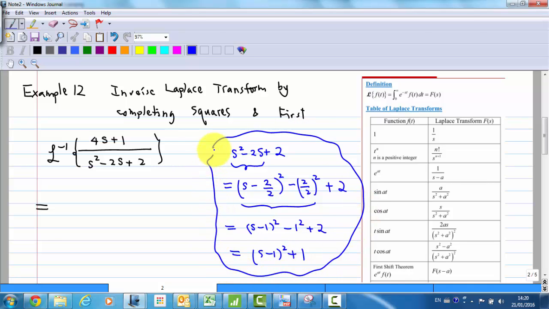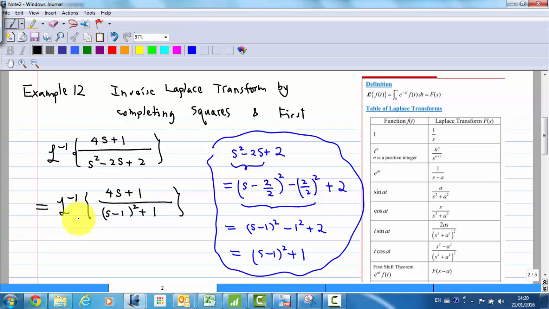That is the denominator. So we are looking for the inverse Laplace transform of (s minus 1) squared plus 1 in the denominator, and the numerator is 4s plus 1.